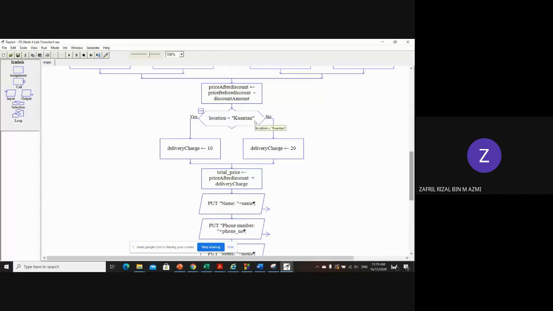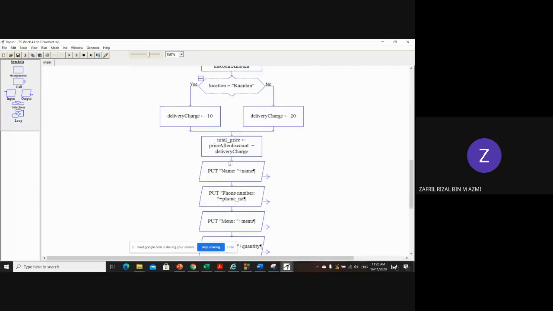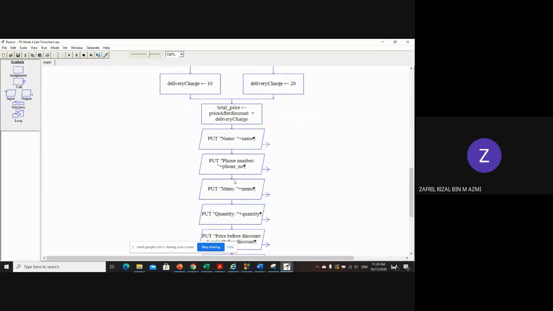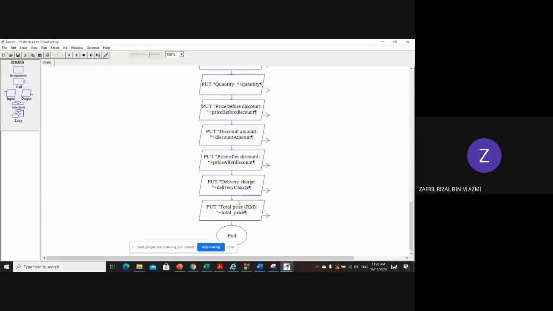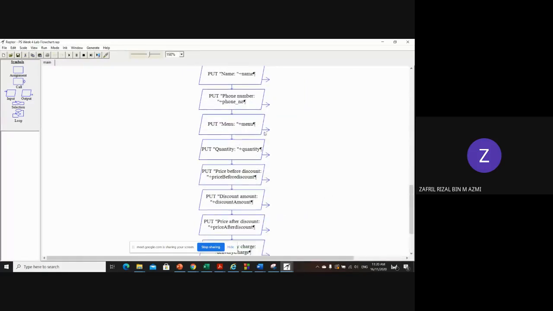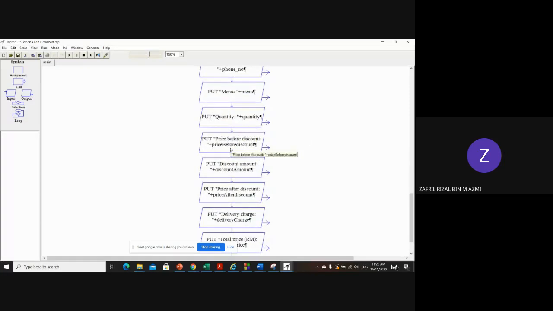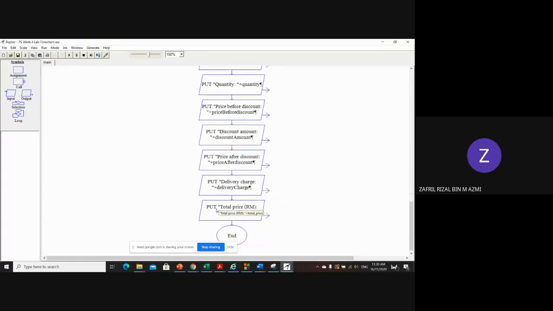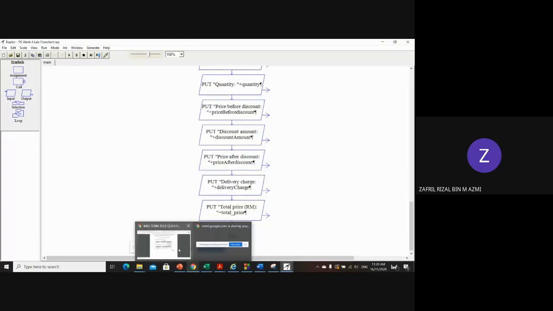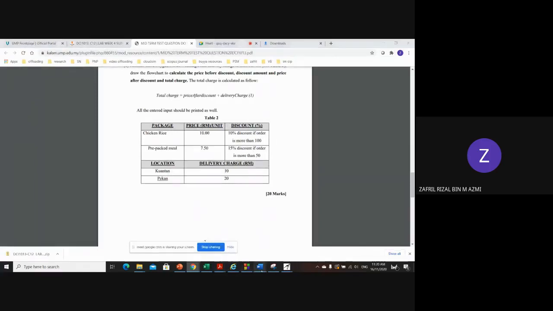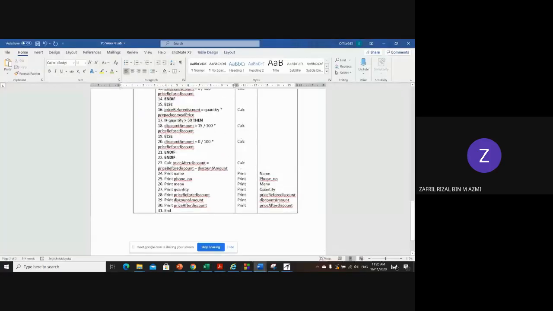One symbol only. For Kuantan, 10 ringgit. For Pekan is 20 ringgit. And then you calculate everything. Alright, good, very good. So you print many things over here, but inside of your PAC, you only put, okay, so this is correct.